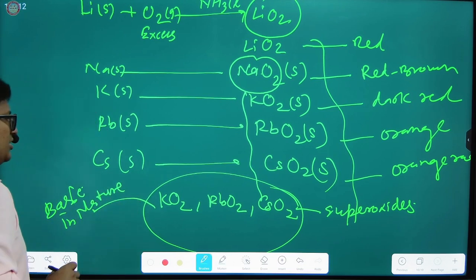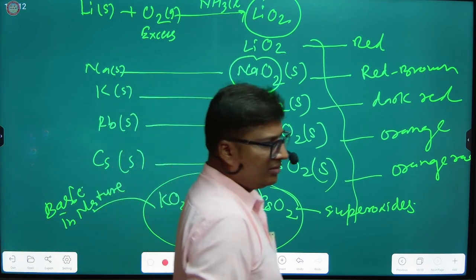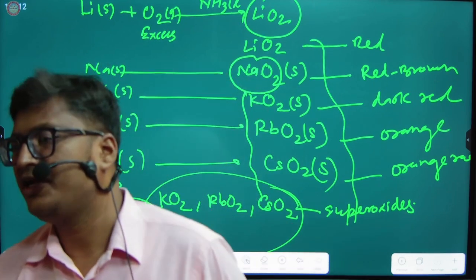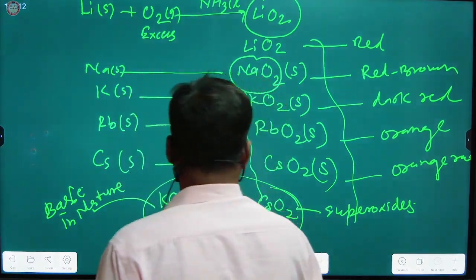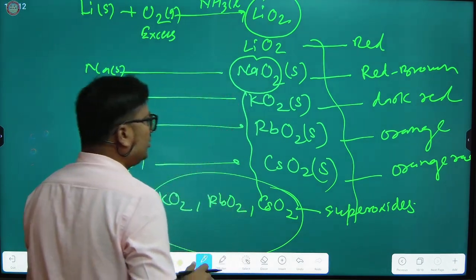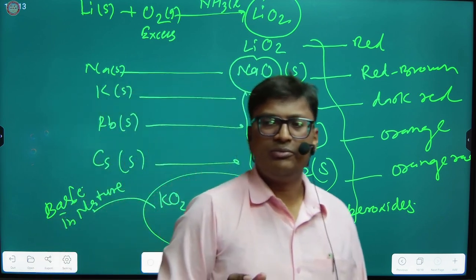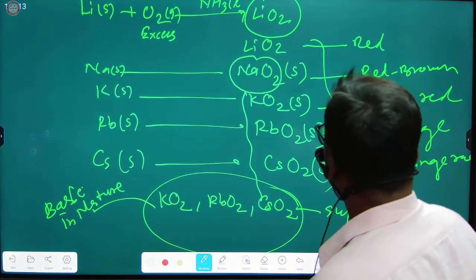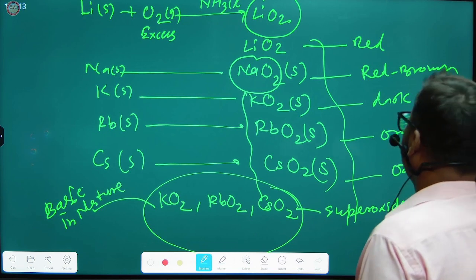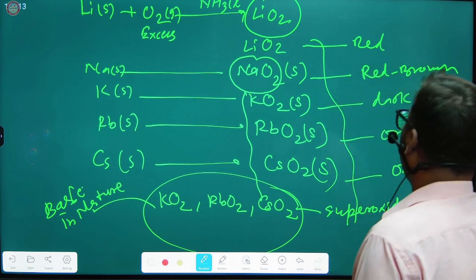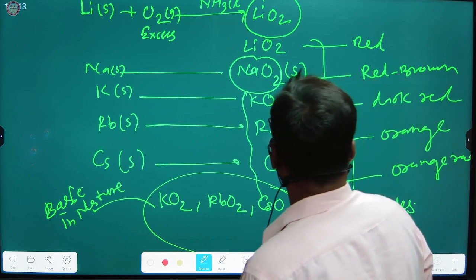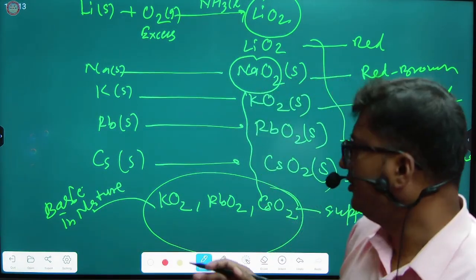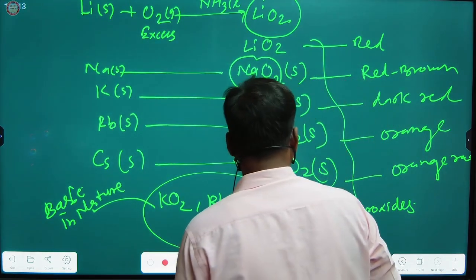Because once they react with water, they form hydroxides, which clearly indicates that all superoxides are basic in nature. Once you move from lithium to cesium, the formation of normal oxide first increases and then decreases, and secondly the formation of peroxide increases and then decreases, and lastly the formation of superoxide increases.